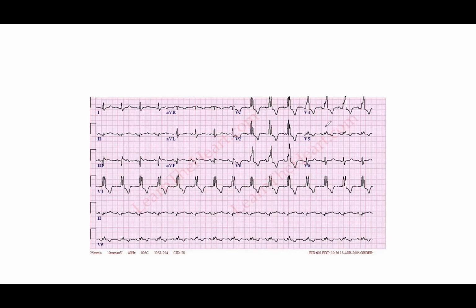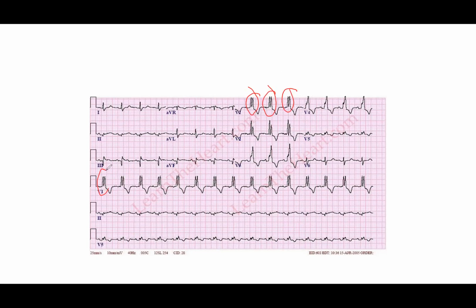All right, so if you want to go ahead and look at the rhythm, it looks like a normal sinus, well, sinus rhythm, it looks like, right? And everything kind of checks out except for that. What's going on with that?